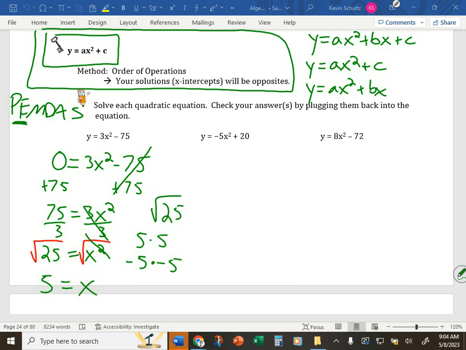Now, when we root things, we don't usually take the negative value, but in the context of a parabola, we need it. So remember, 2 solutions. Your solutions will be opposites on the test.